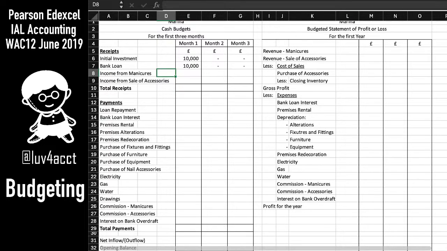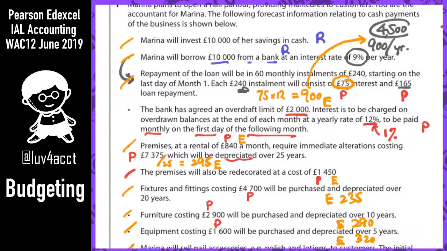Okay, I hope you still remember. Let us go back to the question. Okay, so after these 2 initial investment, we have the repayment. Okay, we have 240 monthly repayment, and then it is split into 75 and 165.